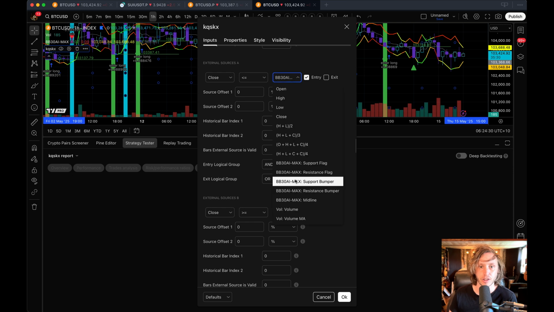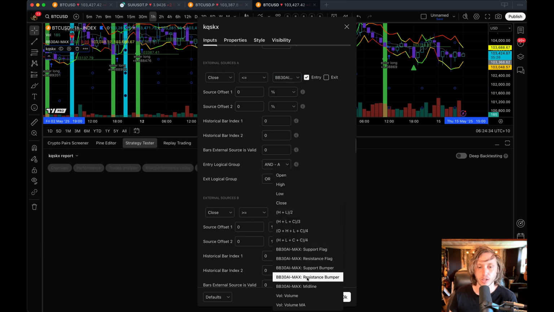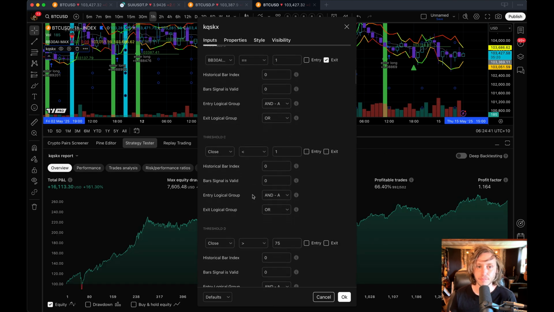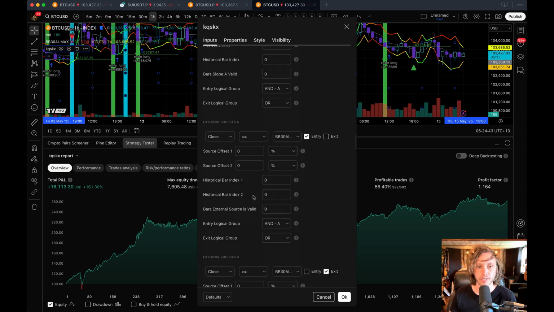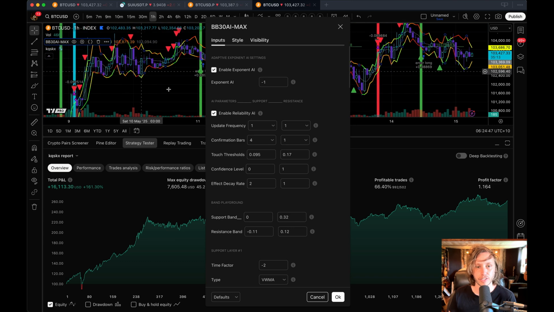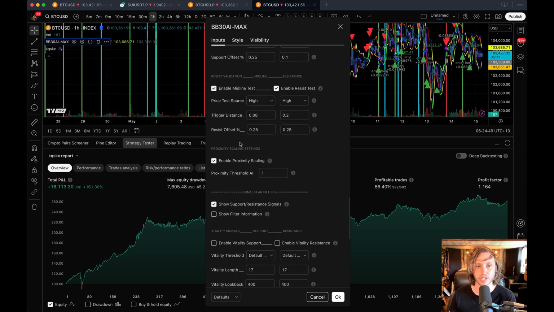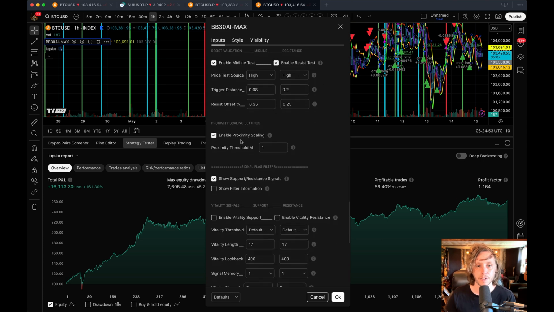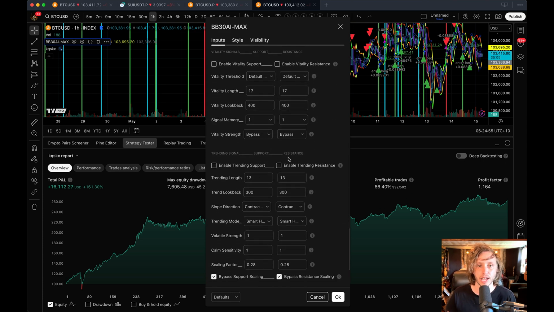So it goes long when it closes less than the support, and it exits the trade when it's above the resistance band. And you don't even want to mess with the flags. You can do that as well. But yeah, because now I have all these other tools built in, I usually trade off of the flags themselves because it's the same thing with the tools added.